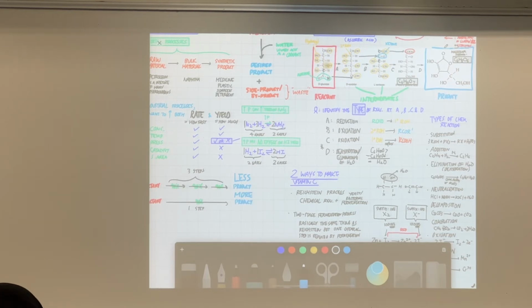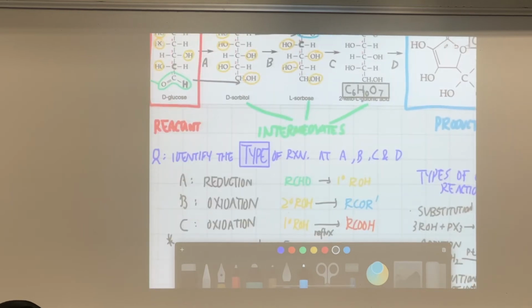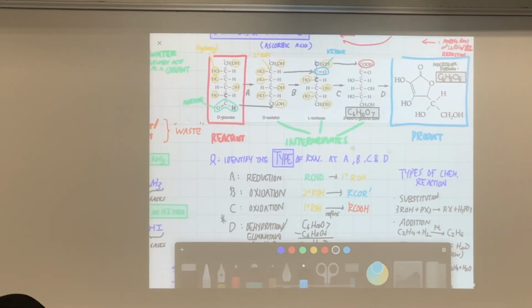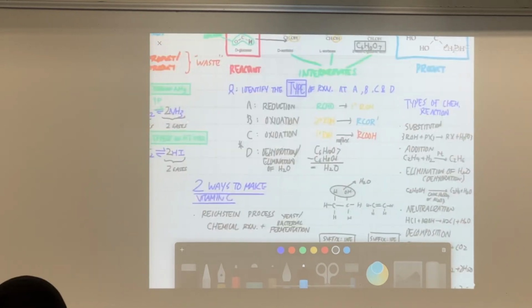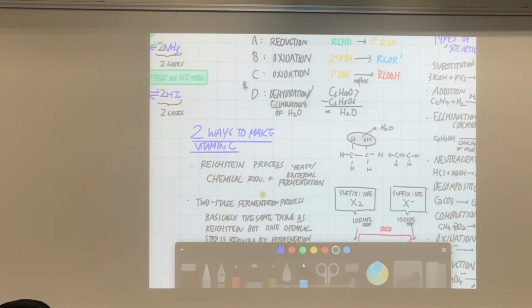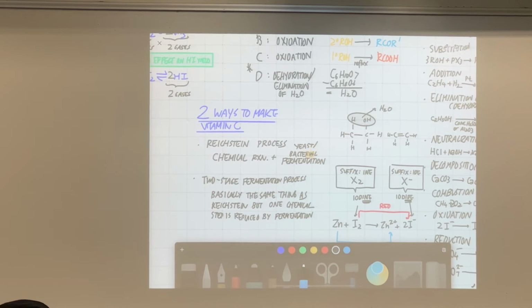You still have D-glucose, D-sorbitol, L-sorbitol. You don't have to memorize these names. So you have the same reactants, products and intermediates involved in these two processes. It's just that Richstein uses less yeast and bacterial fermentation, and more chemical reaction.